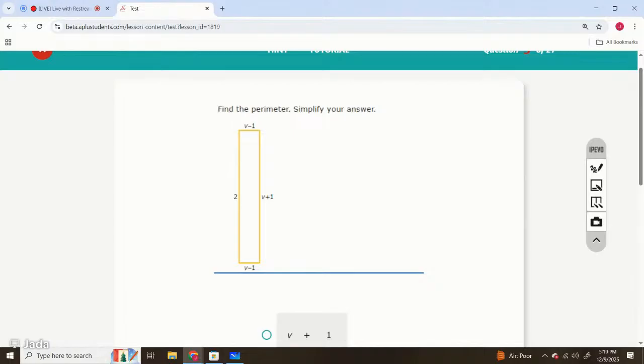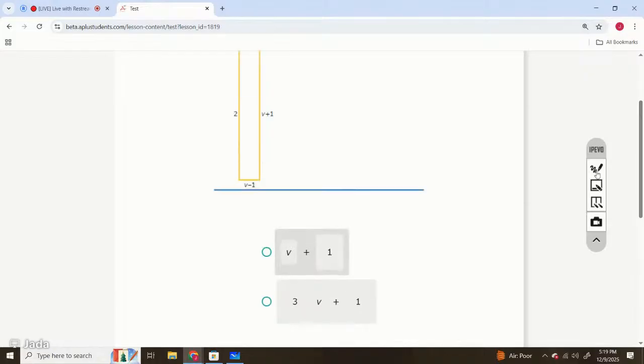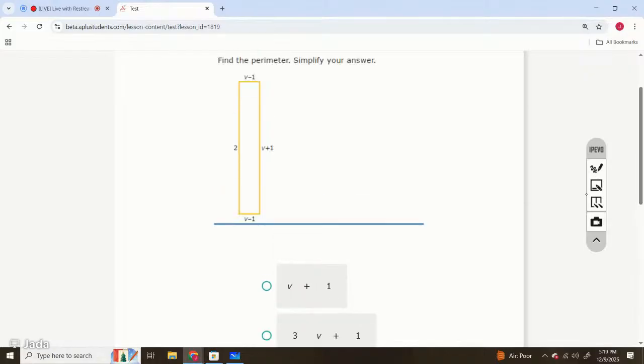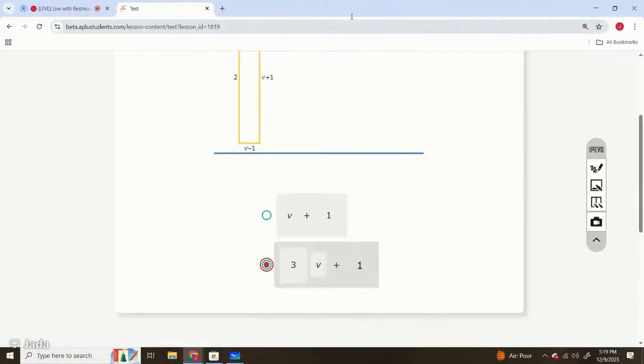Okay, find the perimeter. So you need to add all the side lengths. So which is the correct option? So that is 3v plus 1. Option number 2 is the correct option.